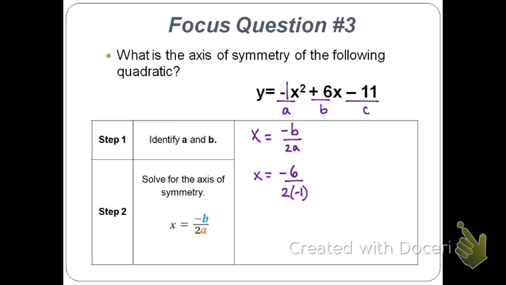So we're looking at x equals negative 6 divided by negative 2. Now these negatives cancel each other out. Looking at 6 over 2, how's that simplify? That's going to be x equals positive 3.